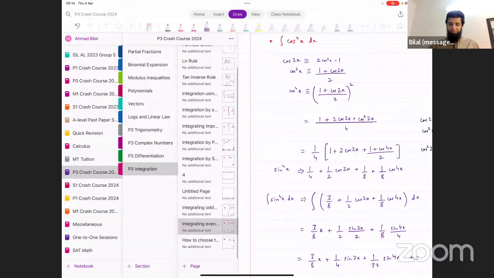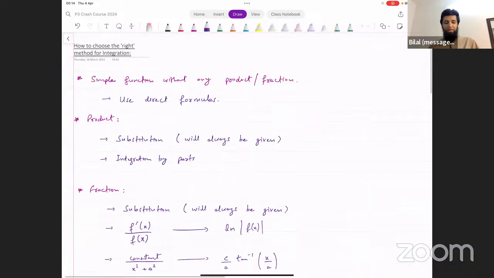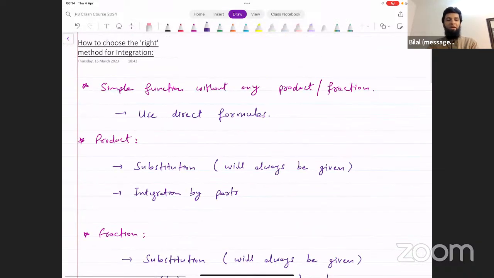Now, the most tricky part in integration is generally figuring out what formula, what rule to use to integrate a particular function. So this is how you can actually think about it. There are 3 possibilities that would generally be there.